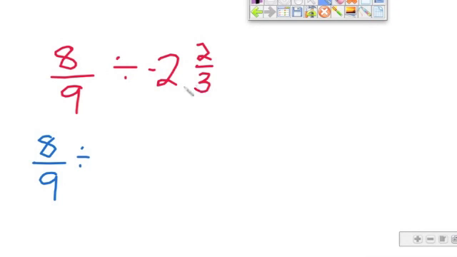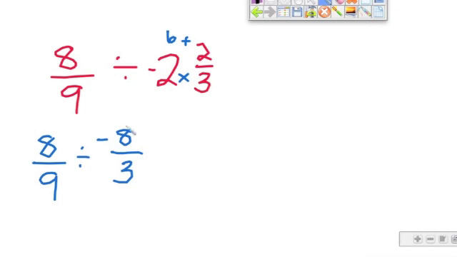Let's turn this into an improper fraction. 3 times 2 gives me 6. 6 plus 2 gives me 8. The denominator stays the same. And this was a negative, so the negative comes with the new fraction. So now instead of writing 2 2/3, I just write 8/3.